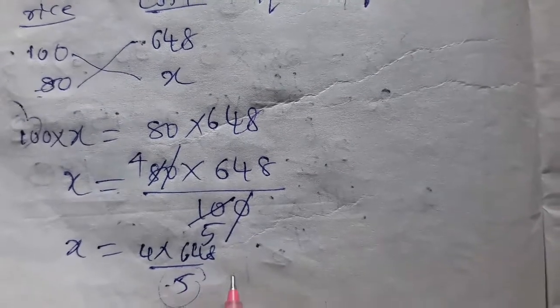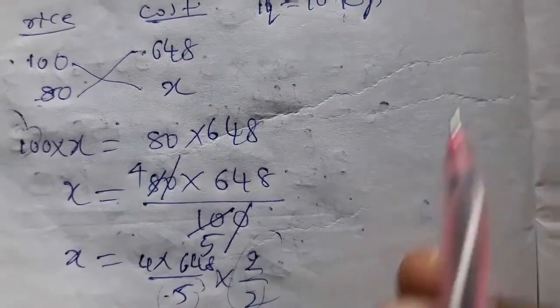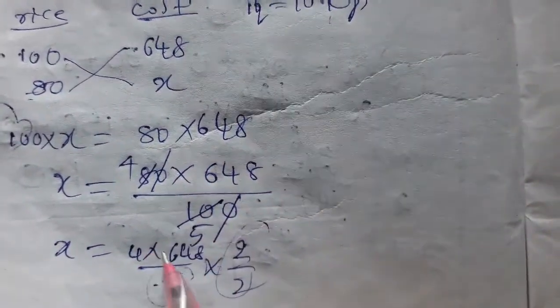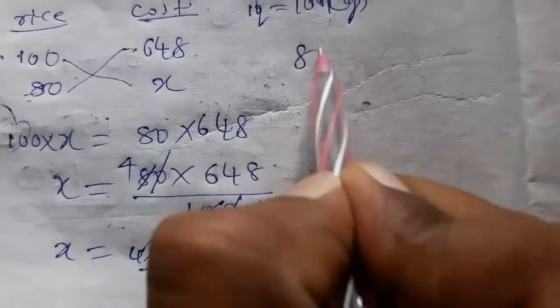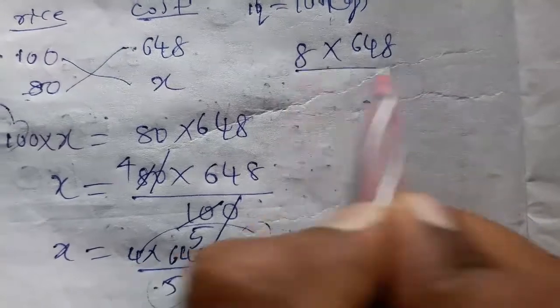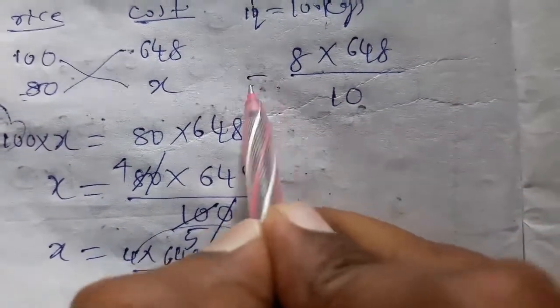See, instead of dividing with 5, I am multiplying and dividing with 2. Now this becomes, this 4 into 2 becomes 8 into 648 by 5 into 2 becomes 10, isn't it?